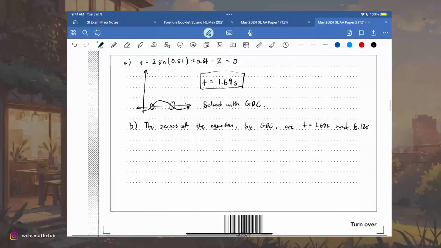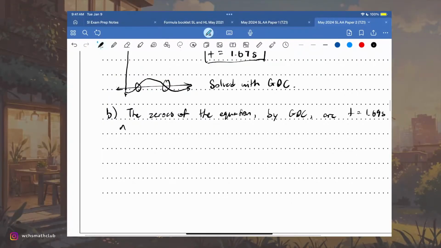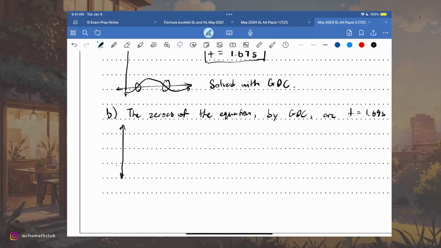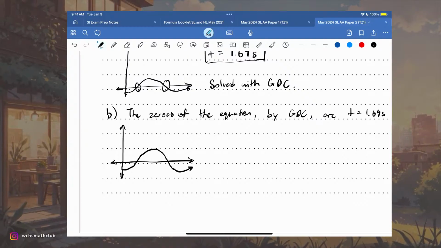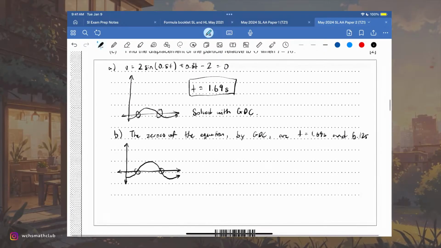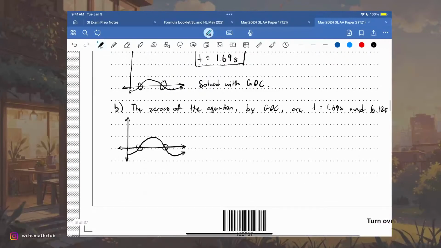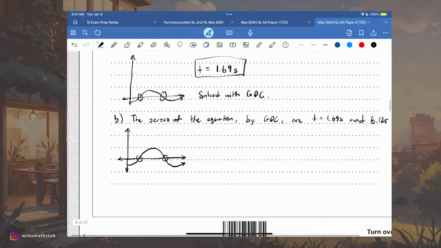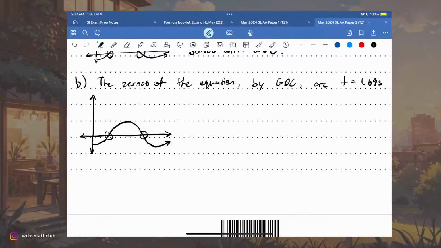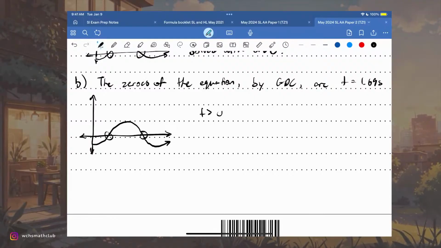Of course, we would have to draw the graph again, just like so. And then we want to find the range of values for t for which the displacement of the particle is increasing. So we simply want t greater than 0 within the domain that we're given.